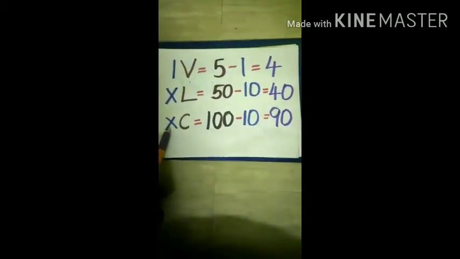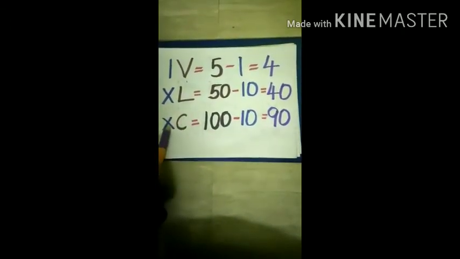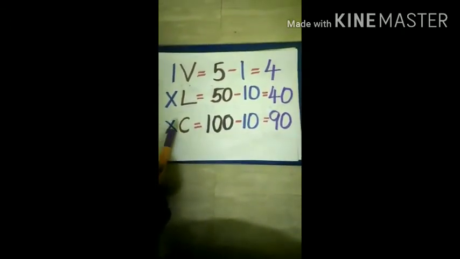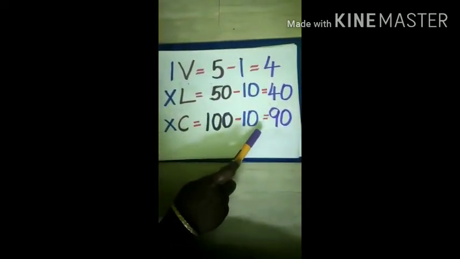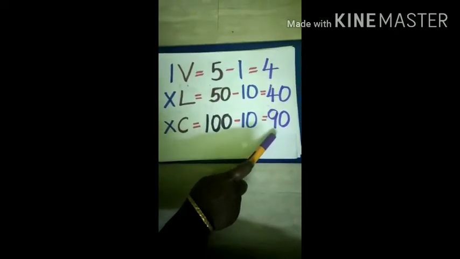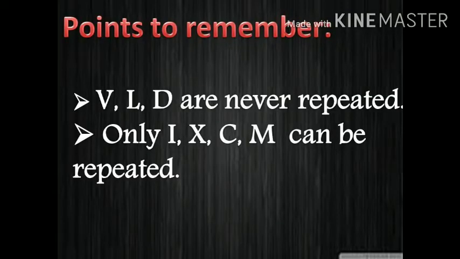The value of X is 10 and the value of C is 100. Here also 10 is the smaller value. So we are subtracting from 100. So 100 minus 10 is equal to 90. Now what is the Roman numeral for 90? XC.